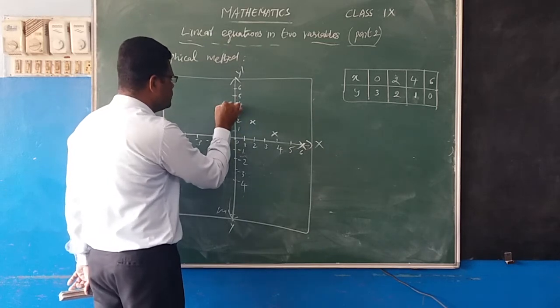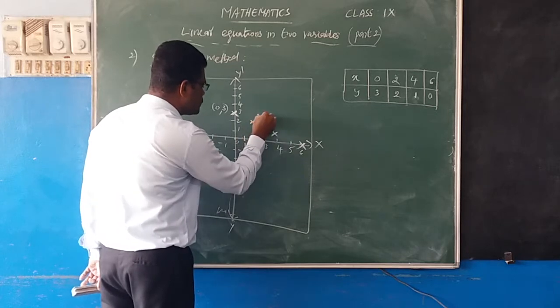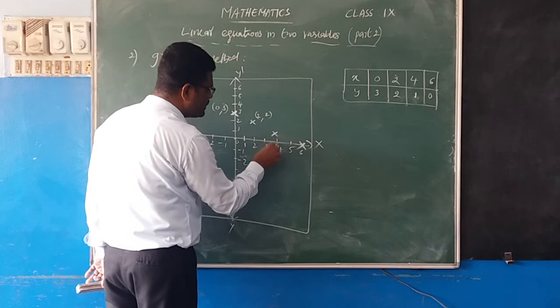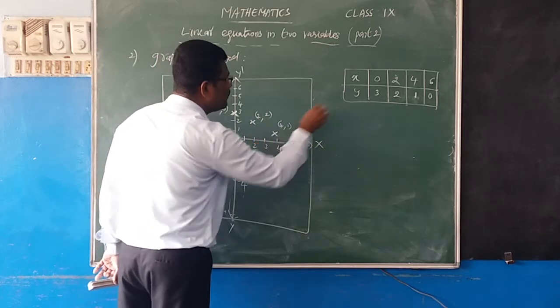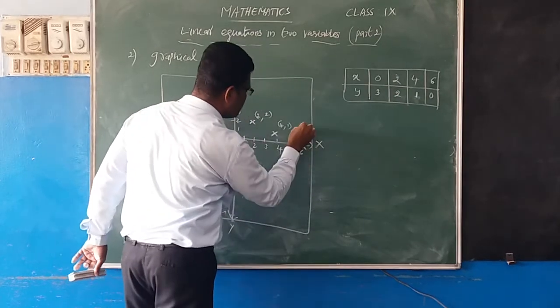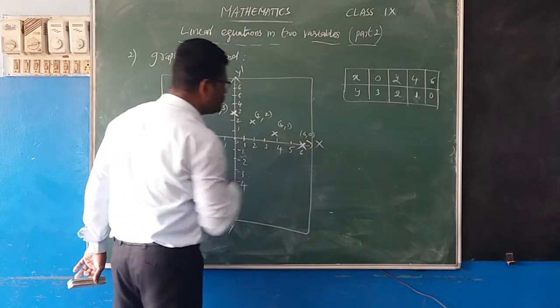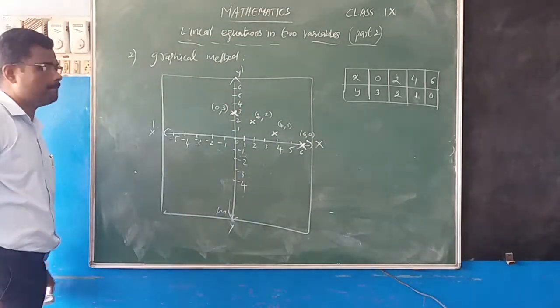This is 0, 3. This point indicates x axis 2, y axis also 2. This point indicates x axis 4, y axis 1. 4 and 1. This is x axis how much? X axis 6, y axis 0. This is called plotting the points on a Cartesian plane.